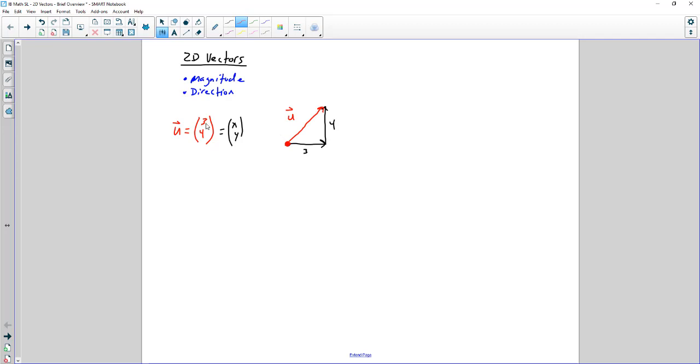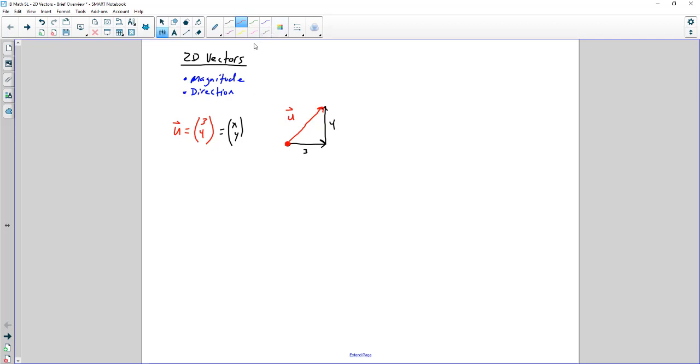We call these components of the vector: an x component and a y component for a two-dimensional vector. When I write a vector like this, 3, 4, it means it's going to go 3 this way, 4 up, and this is the resultant vector. We're adding these two vectors together. When you add vectors together, you add them tip to tail. I'm adding this vector here to this vector here, and this is the resultant vector. That's how that works.